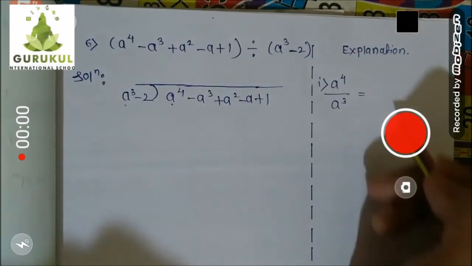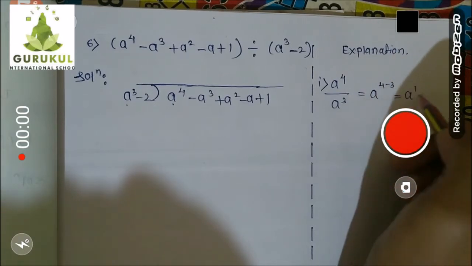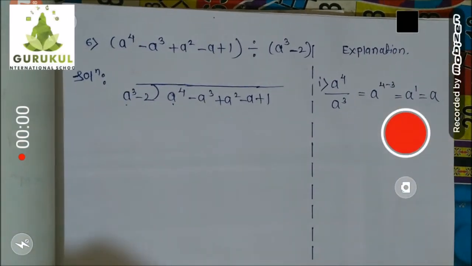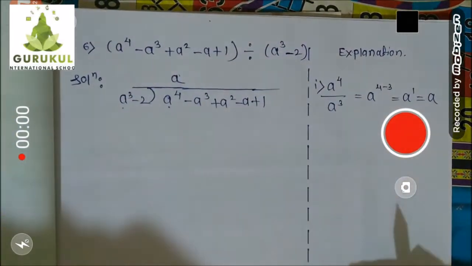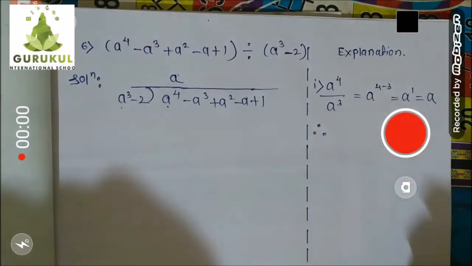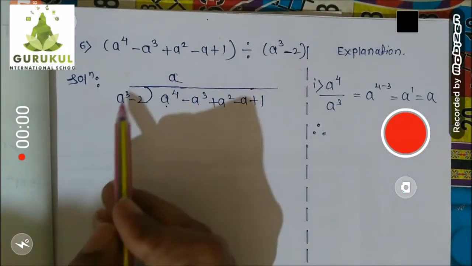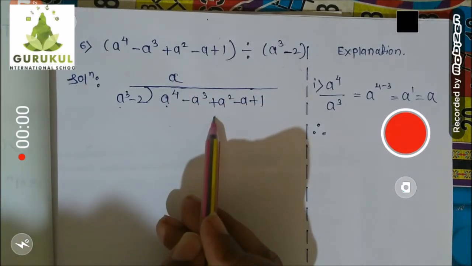Apply the law of indices. So a raised to 4 minus 3, that is a raised to 1, that means only a. Now write down this as a quotient over here. Understood? And then in the explanation part, put the therefore sign and multiply these two, and their product you will write below like terms.